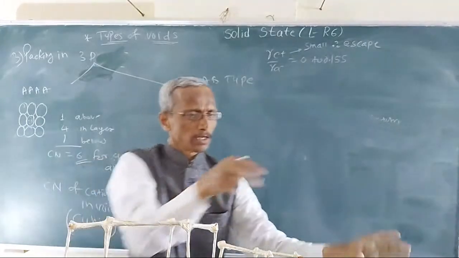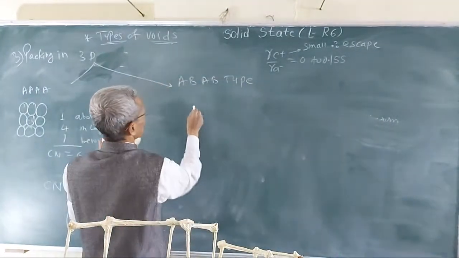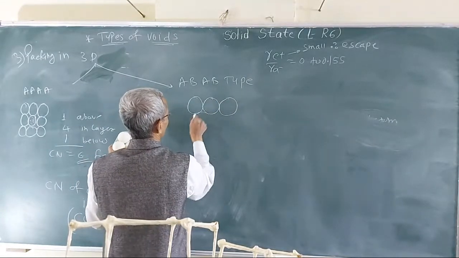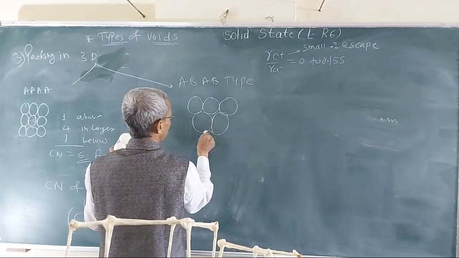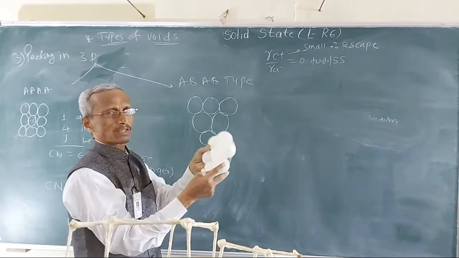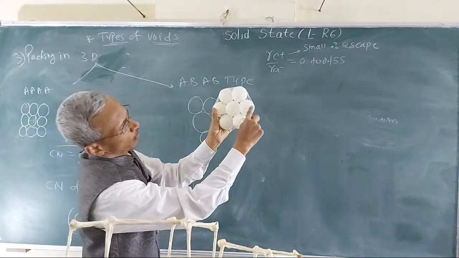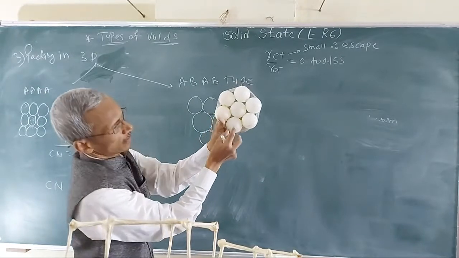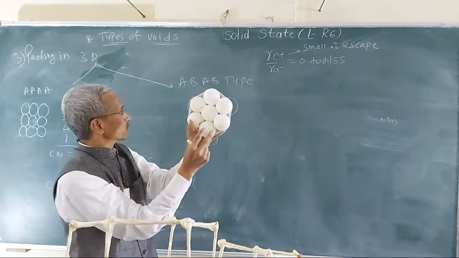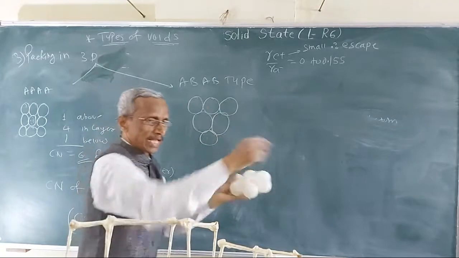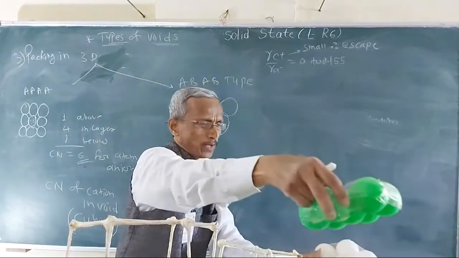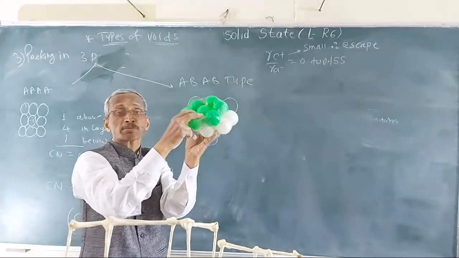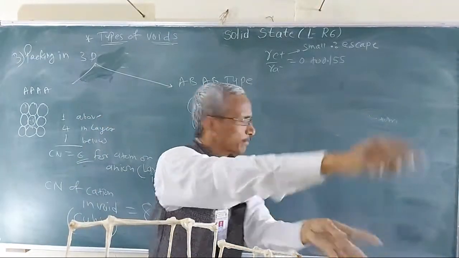That means if you consider like this 1, 2, 3, 4, 5, every atom is in the depression of the others. Suppose this is one row. In between these two, there is one. In between these two, there is one. Like this. So in this case, if the second layer is placed on the first layer, then there is a formation of 2 types of voids.